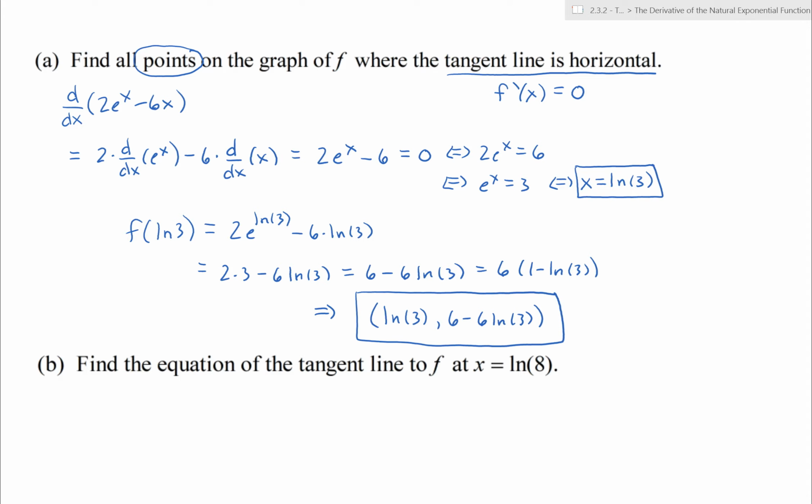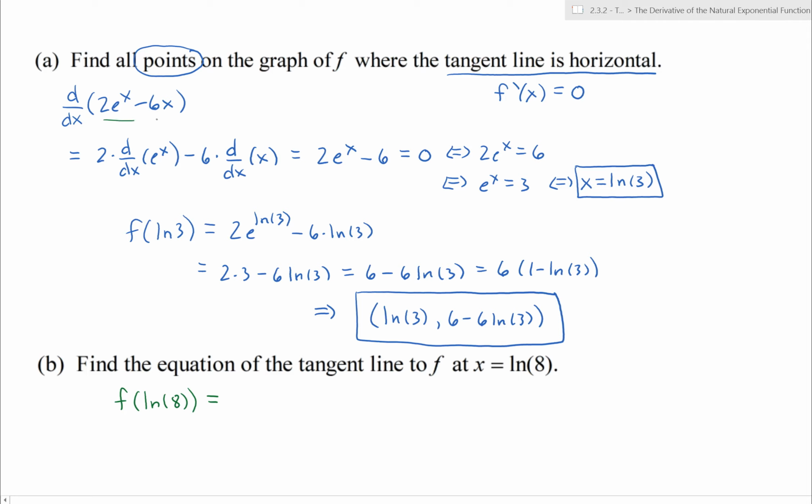So all we're going to do is find the slope of that tangent line by plugging natural log of 8 into our derivative function. And then we will use the equation of a line to figure that out. So we will need the output of the function at ln 8, right? So what is f of ln 8 first of all?